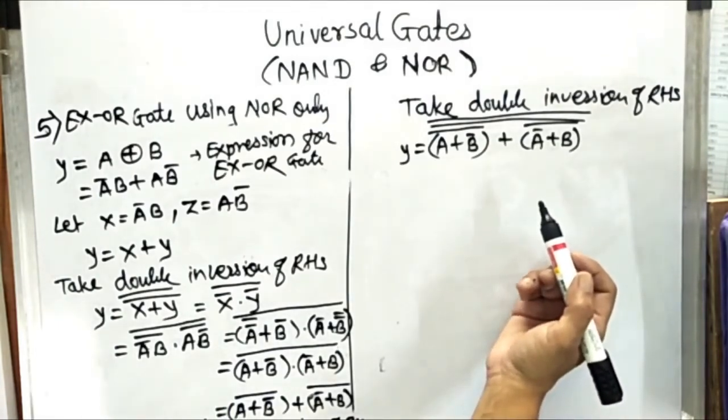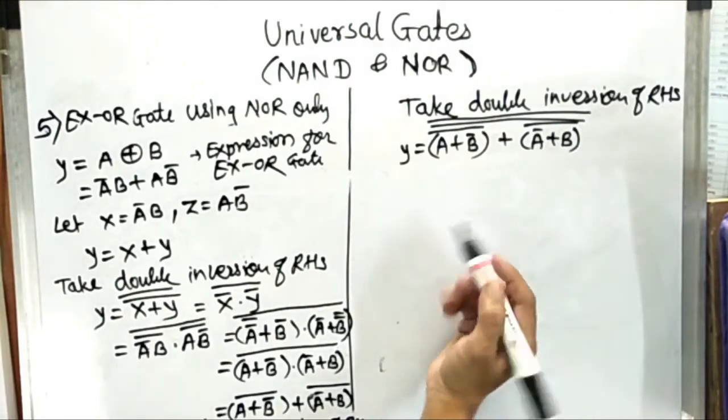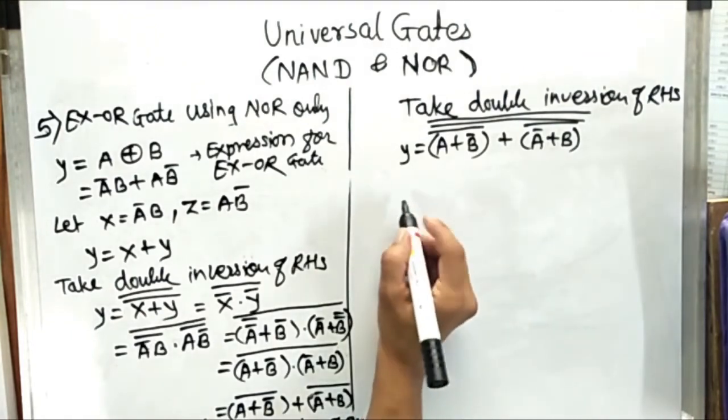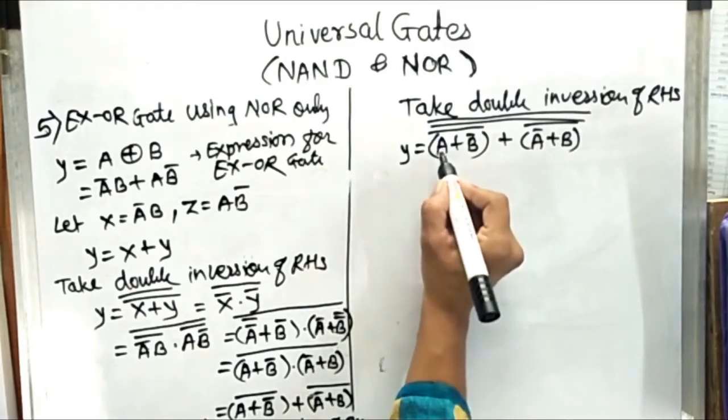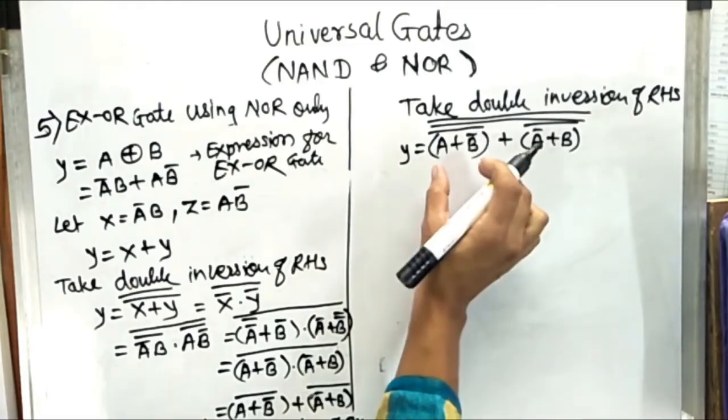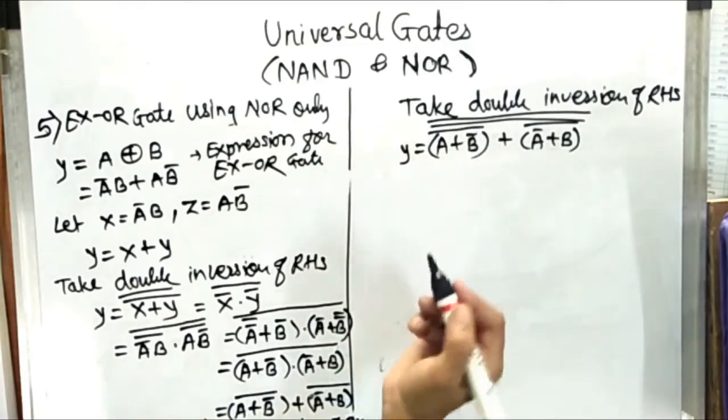So we can construct this XOR gate using NOR. So we have to first construct this first term.